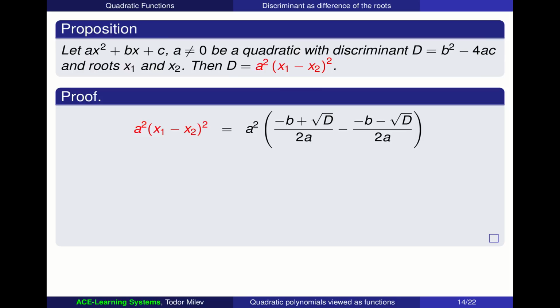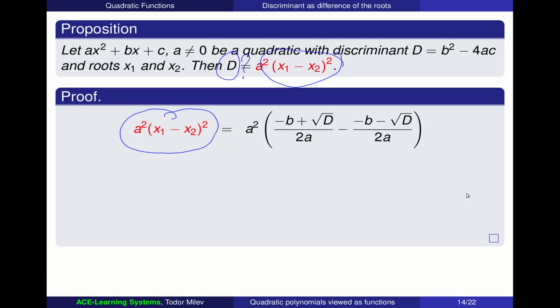In order to prove the proposition, we need to start with the expression a squared times x1 minus x2, the whole thing squared. So that's how we start. And we need to demonstrate that this expression is equal to d.